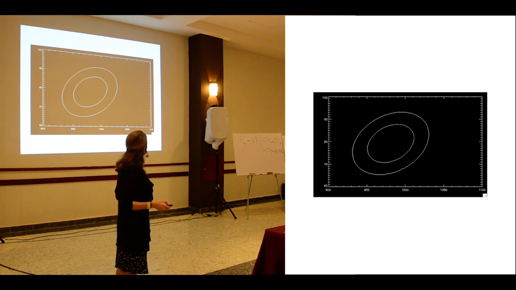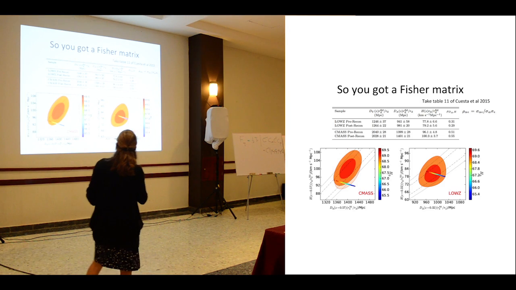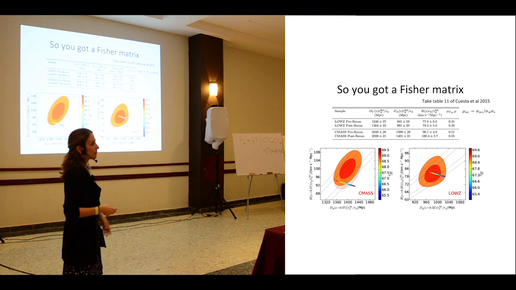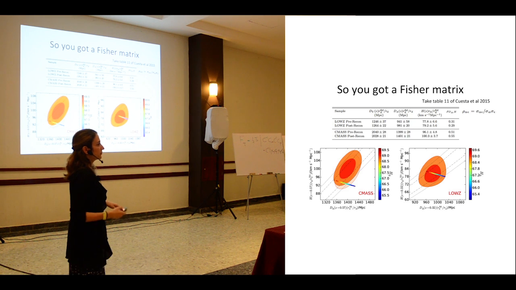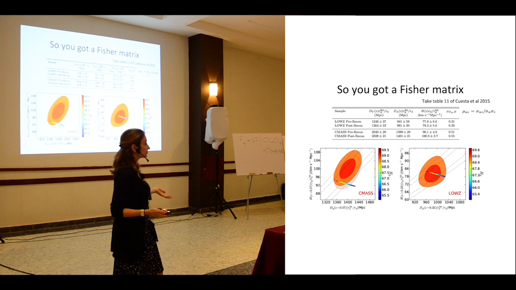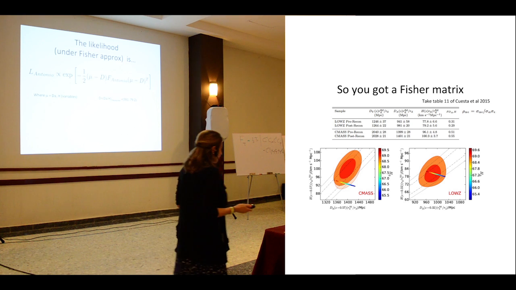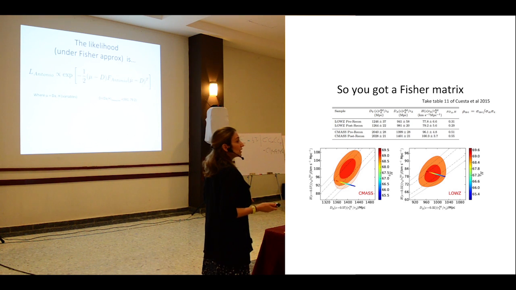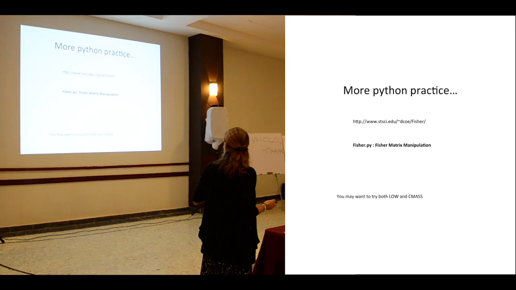Now, the question for you is, what would happen if you would do the same with CMASS? There's much more data, much more signal to noise in CMASS, and the upshot is that Fisher is going to be a much better approximation. That's the way that is easy for me, but for other people it may not be that easy.